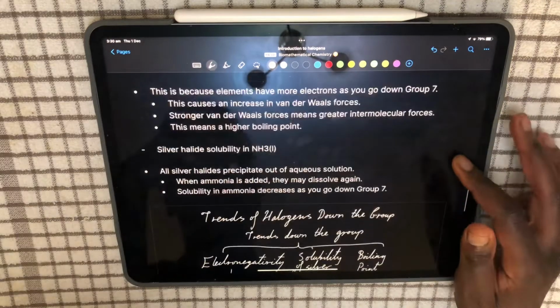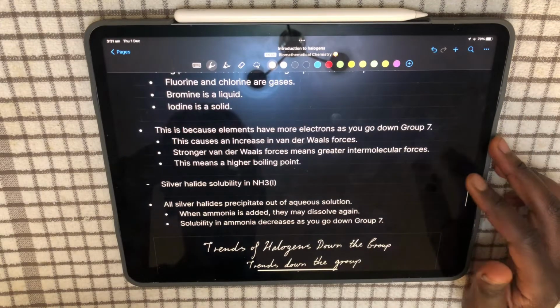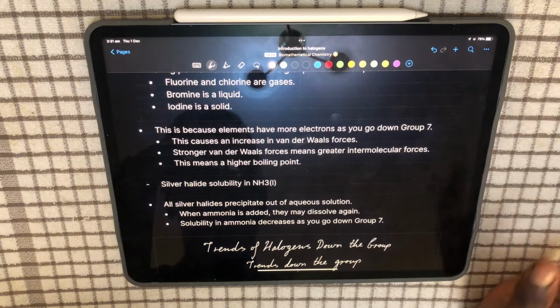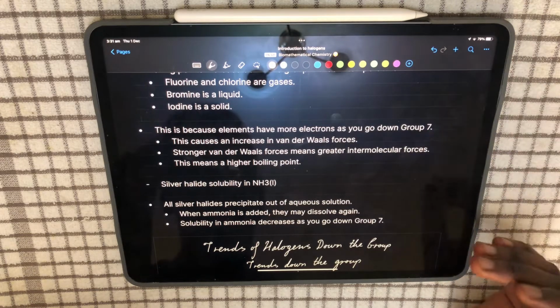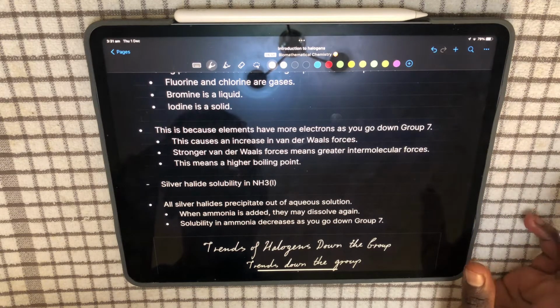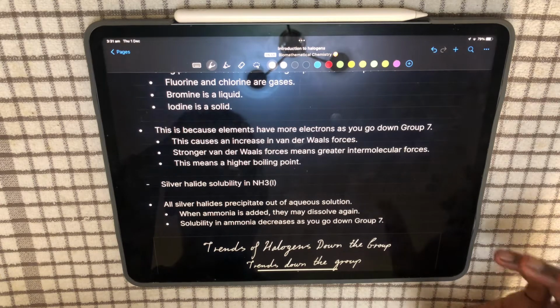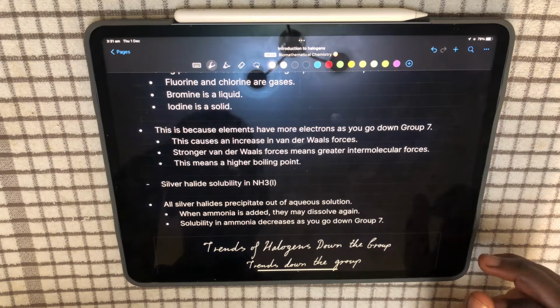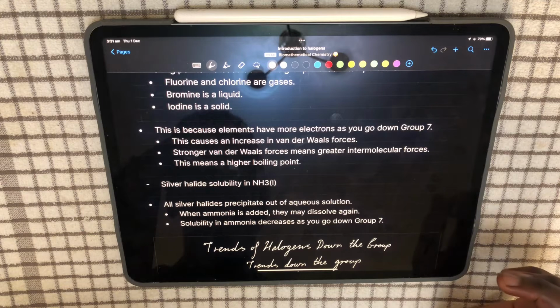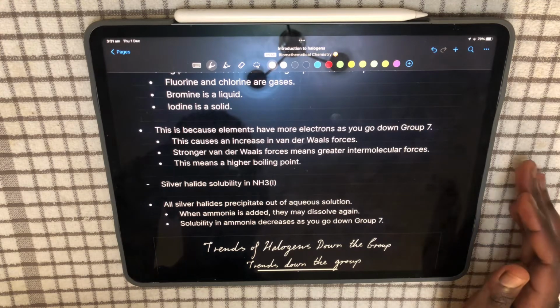And the last topic is silver halide solubility. I feel like it's more for year 2, or I'll cover it later on. All silver halides precipitate out of aqueous solution. When ammonia is added, they may dissolve again, but solubility in ammonia decreases as you go down group 7.